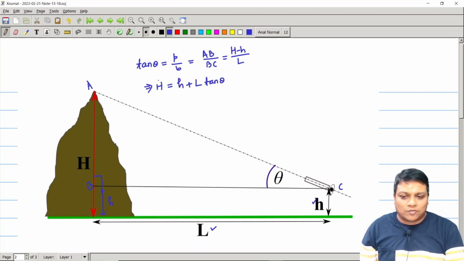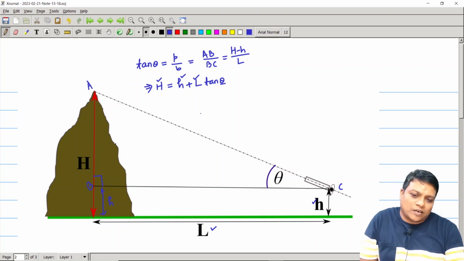To measure the height of the mountain capital H, we need the vertical position of the eye level small h, the horizontal distance from the mountain capital L, and the angle of elevation theta.